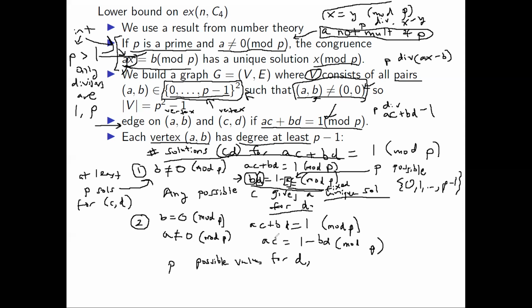And our variable here is C. So the X is C in this one. And C is uniquely determined by A, B, and D. So we get, for any of the P possible values for D, we get a unique solution for C.